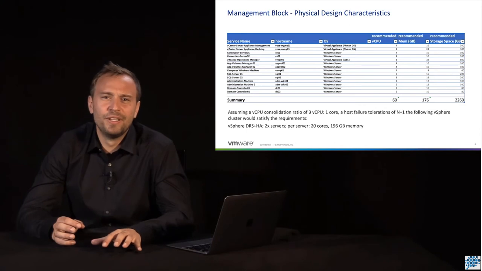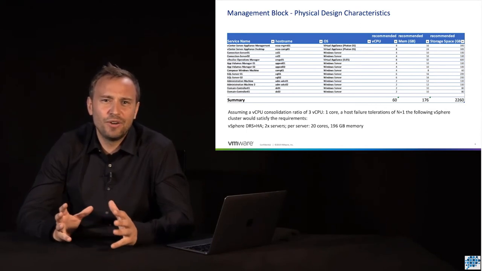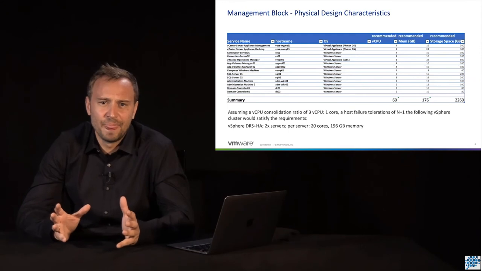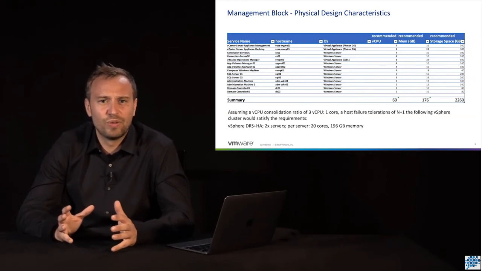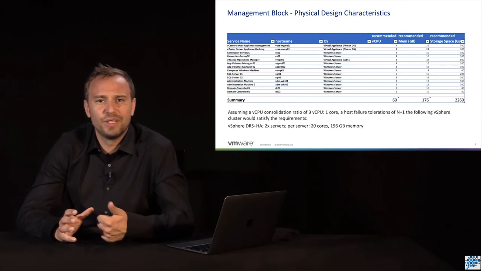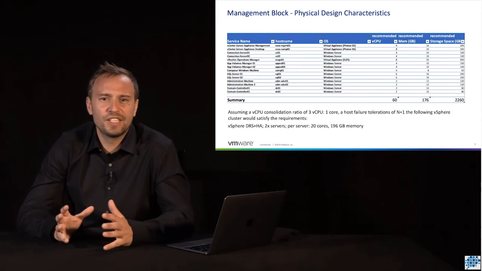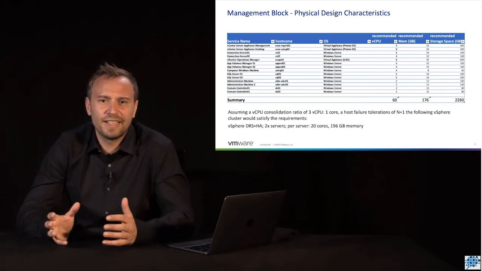So what we typically do, or what we can do for our management cluster, is figure out which components we need. We give them the IP address and the host name, like you see on the screen. We size the components properly. For connection servers and vCenter server, we talked about the proper sizing already. We need to know how many vCPUs, how many gigabytes of memory, and how much disk space we need, and we need to put that into an Excel list and get some kind of summary.